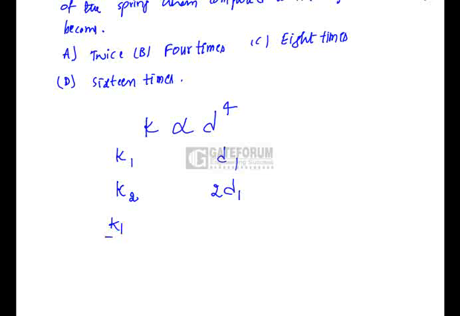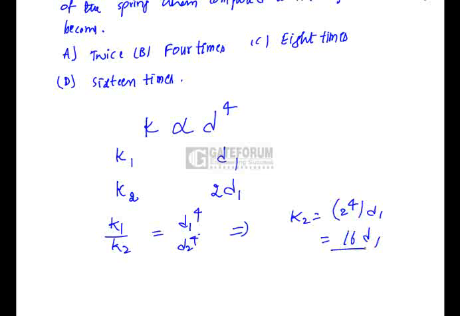So K1 by K2 is equal to D1 power 4 by D2 power 4. Now from this equation, K2 is going to be 2 power 4 into K1, that is going to be 16 K1. So it is increasing 16 times. So option D is correct.